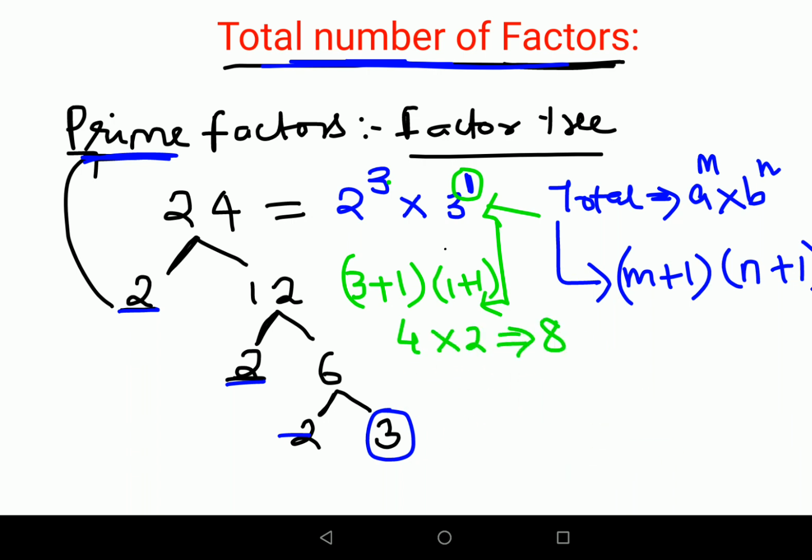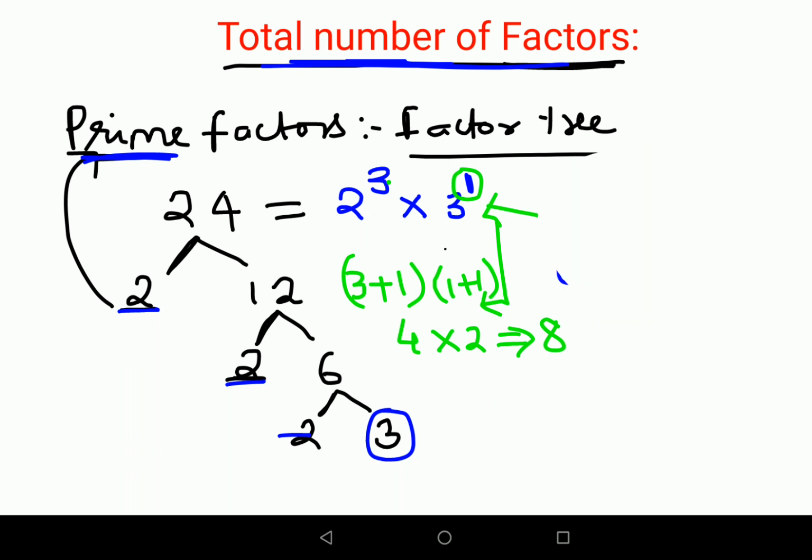Now let's see whether it's correct or not. Let's erase this part and do it over here. Let's try and write down the factors of 24.